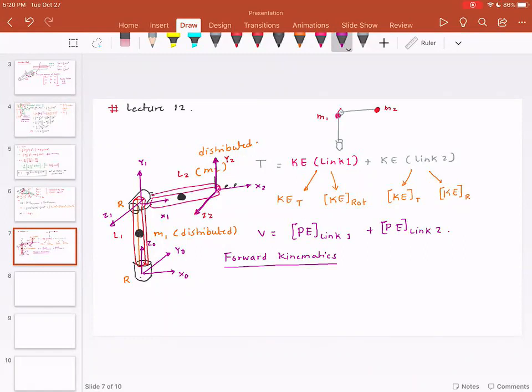For kinetic energy in translation, let's look at link 1. Now I'm going to look at link 1 and at kinetic energy in translation.